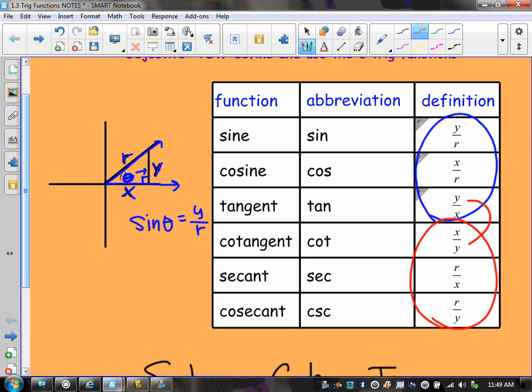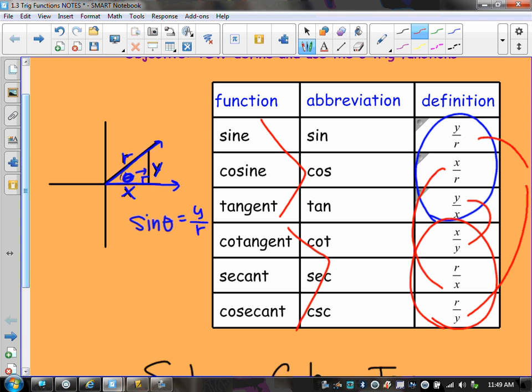That cosine and secant are flip-flopped? And sine and cosecant are flip-flopped? If you can figure out sine, cosine, and tangent, you can figure out the other three by simply flip-flopping them. They're called reciprocals of each other.